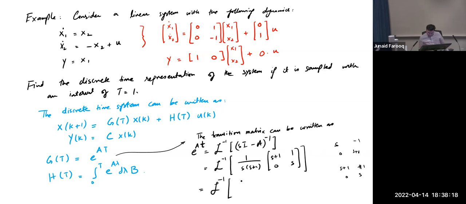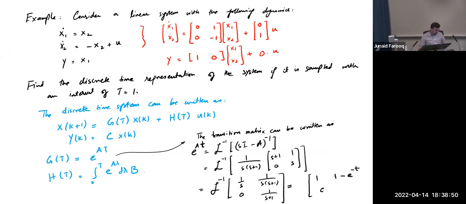Okay, so it's Laplace inverse of 1 over s, and then 1 over s plus 1 here, 0, 1 over s plus 1. Yeah, okay, so if this is the transition matrix, then it evaluates to 1, 1 minus e to the power minus t, 0, e to the power minus t.